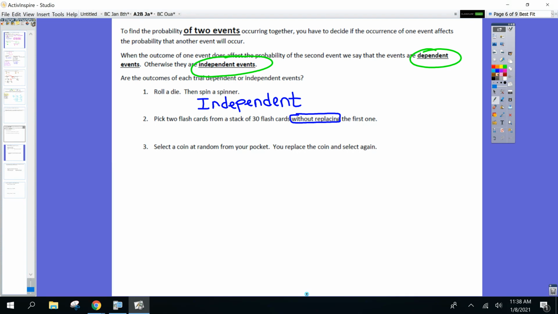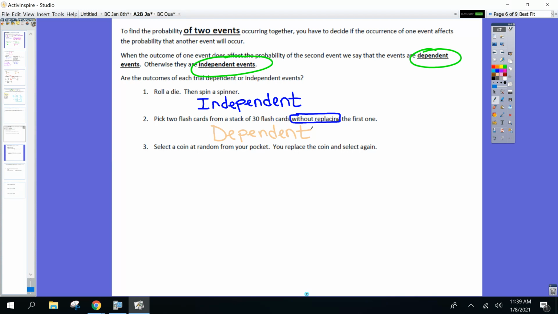Because you started out with 30 flashcards, but now since I keep the first one, how many choices do you have now? 29. Everyone see that? Now you have 29 instead, and that affects your outcome. So when one event affects the other, we say they are dependent. They depend on each other. Me keeping that first flashcard will affect my second pick, because now I don't have 30, I have 29 to choose from.